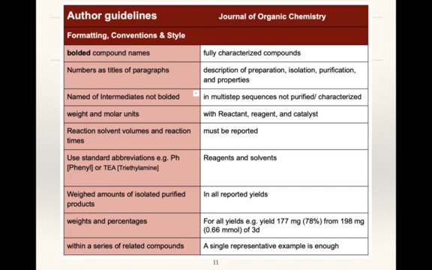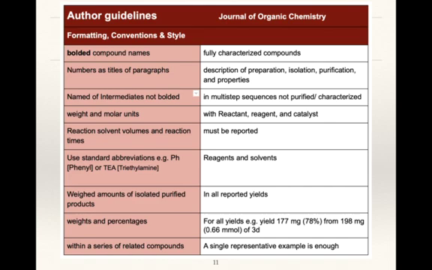Standard abbreviations or unambiguous molecular formulas should be used for reagents and solvents, and structure numbers rather than chemical names should be used to identify starting materials and intermediates. All reported yields should represent weighed amounts of isolated and purified products and must be reported in the experimental section as both weights and percentages.